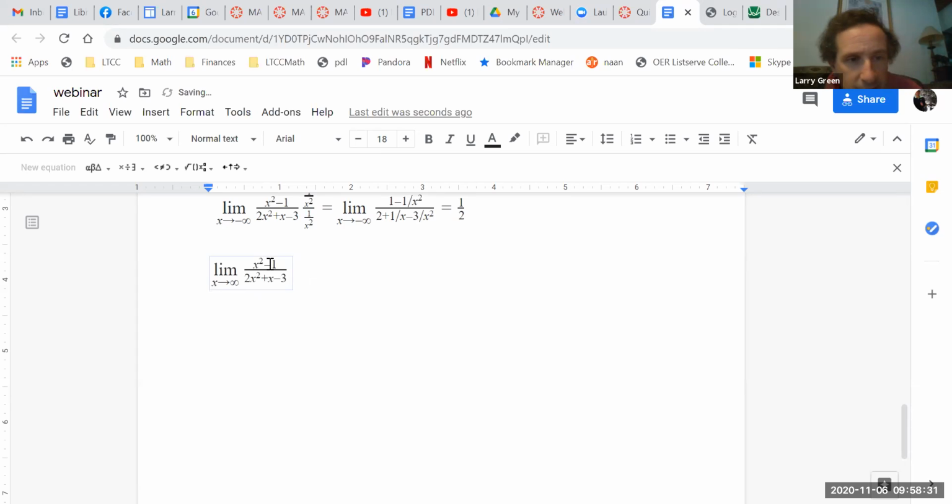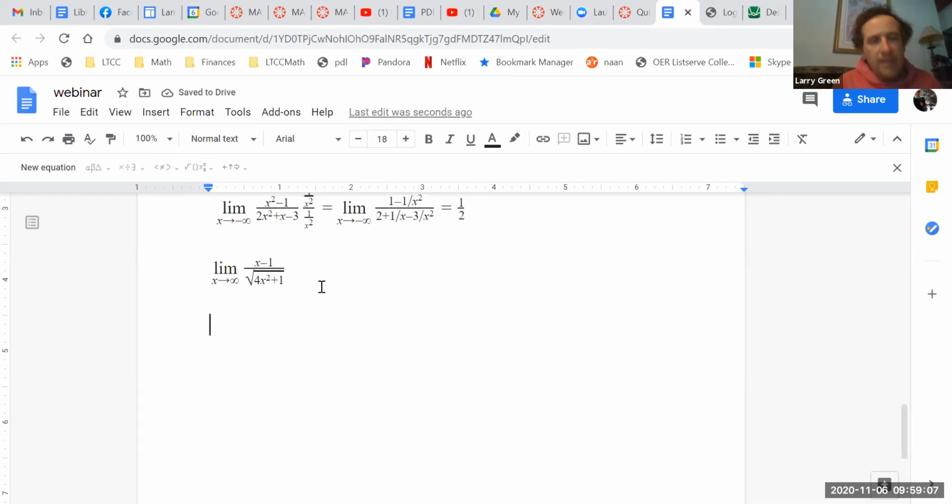Let's look at the numerator being x minus 1, and the denominator is the square root of 4x squared plus 1. All right, so we want to find this limit: the limit as x goes to infinity of x minus 1 over the square root of 4x squared plus 1.